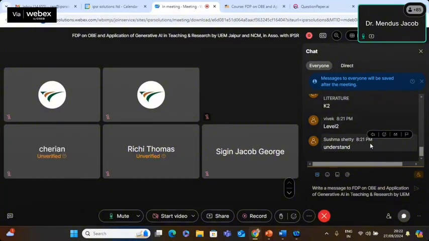Explain the different levels of learning in cognitive domain. Can a student memorize the concept and write the exam? If I'm asking a question like this, is it possible that a student can memorize the concept and write the exam?